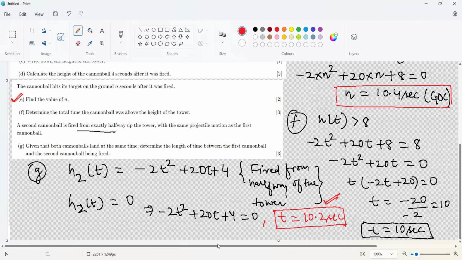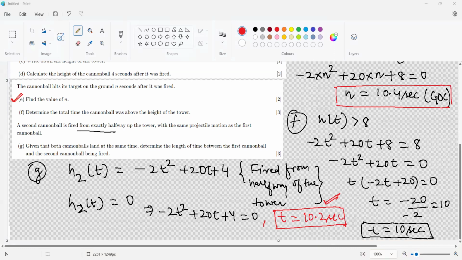Do you find the difference in the time? It means the second cannonball hits the ground 10.4 minus 10.2, that is 0.2 second earlier.